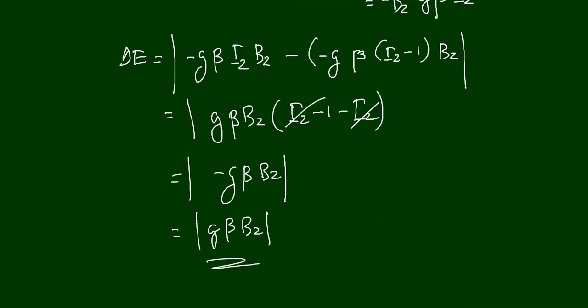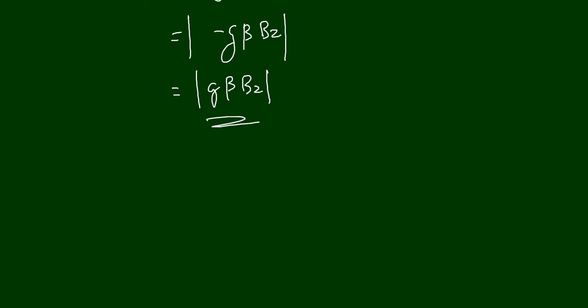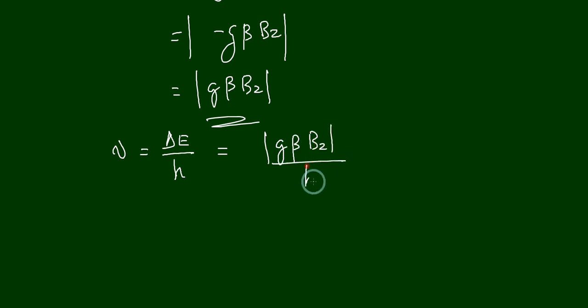So we can calculate the frequency corresponding to that photon. The frequency is equal to the difference in energy divided by Planck's constant h, because h nu is equal to delta E. So delta E by h is equal to G into beta into Bz divided by h.